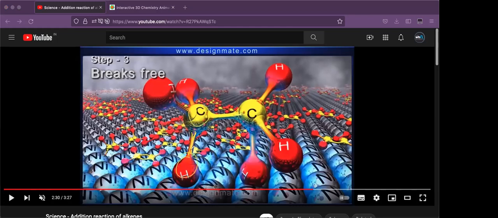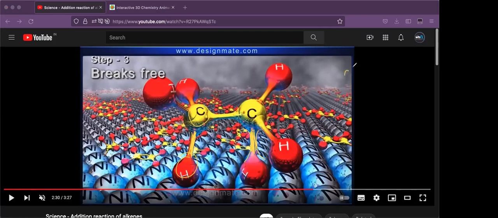This is a much better deal for the atoms and their electrons. So rather than sticking to nickel itself, they're like, let's form a bond with each other. The same happens with another hydrogen atom over here. You can see the bond is in the process of forming between both of them.